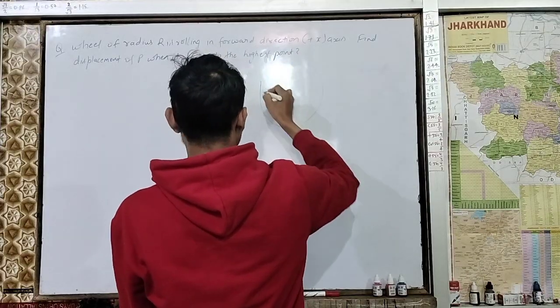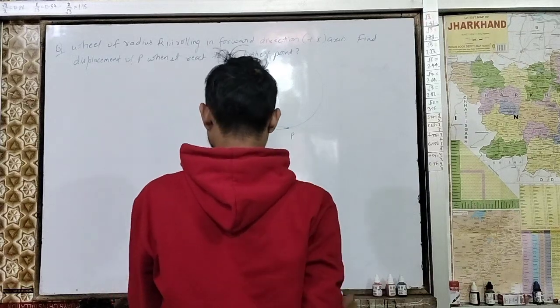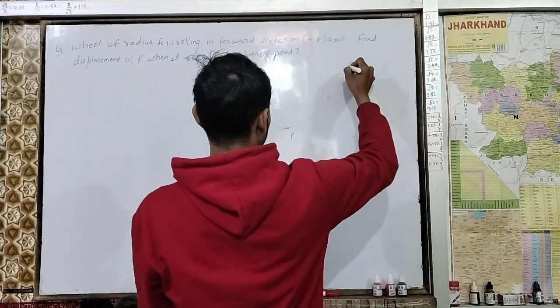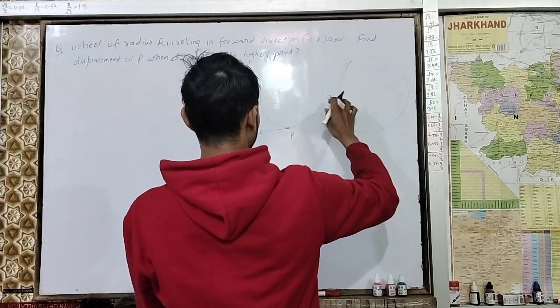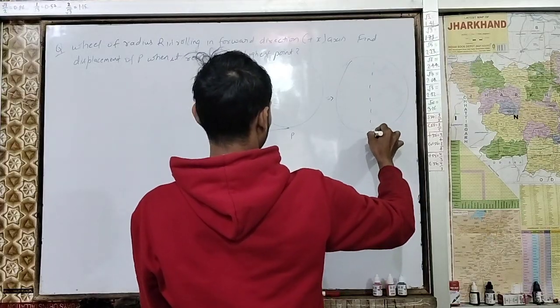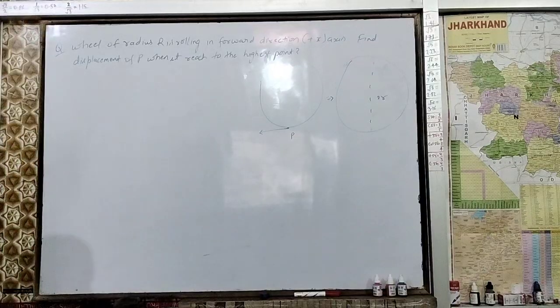Initially, P was over here like this, then it became like this. This is the complete question.